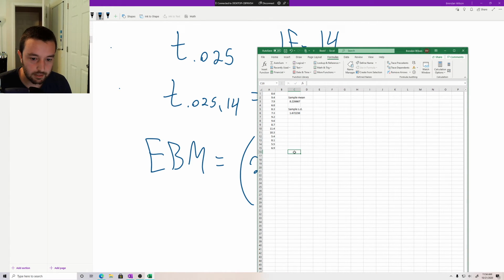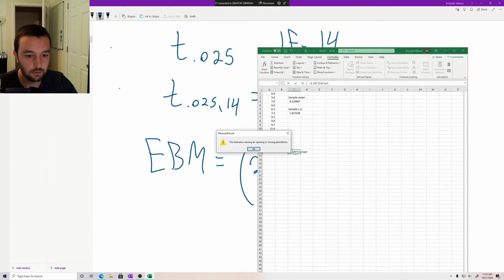Okay. We can just do it in Excel. We can do 2.145 times the sample standard deviation. It's actually listed in C6, so we can just write C6 divided by, I don't know how to do square root. I'm going to guess, there you go, SQRT.